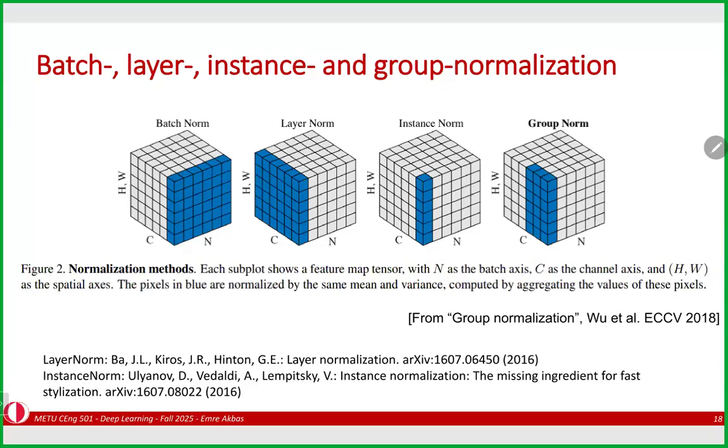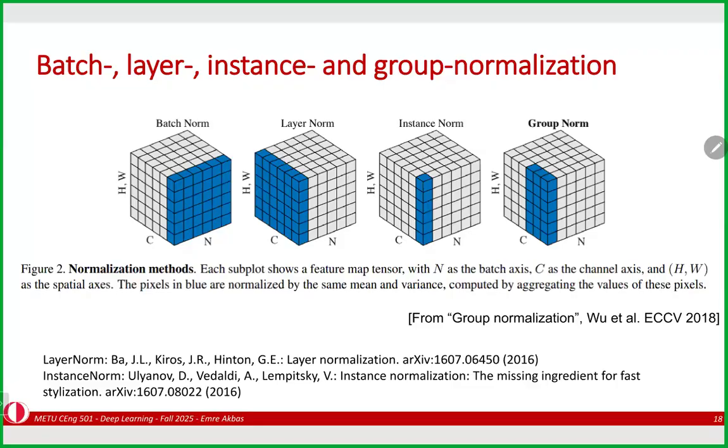If you think of your mini batch as a multidimensional array, let's say this dimension is the height and width of your input, this is the number of channels, and this is the number of examples, batch norm is doing a normalization in the N dimension. It takes a mean over your examples.